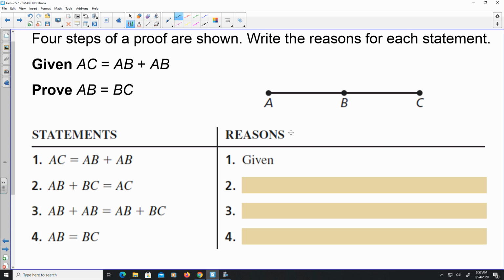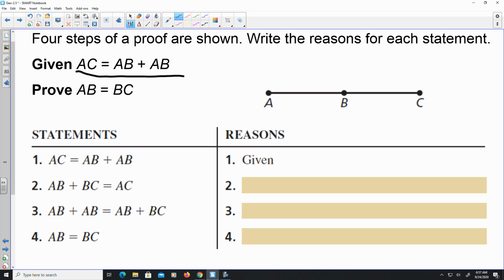In this particular one, they're giving us that AC is equal to AB plus AB. All right, so that's given. This one here, they gave us all the statements. We have to figure out the reasons and how we were able to come up with that.